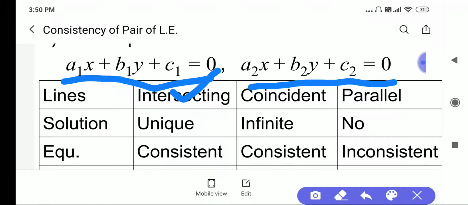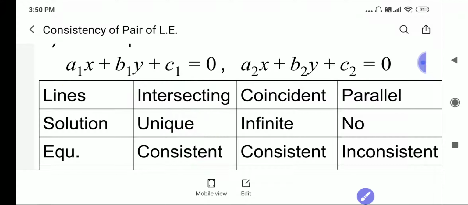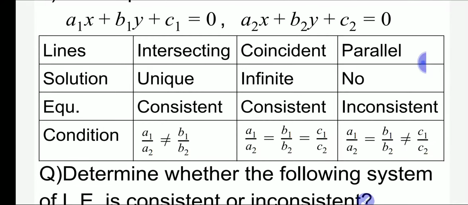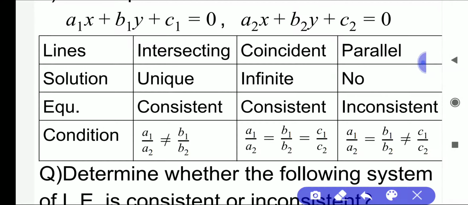That means they have a unique solution. When they have a solution, it is called consistent. The condition for intersecting or having a unique solution is a1 by a2 not equals to b1 by b2.